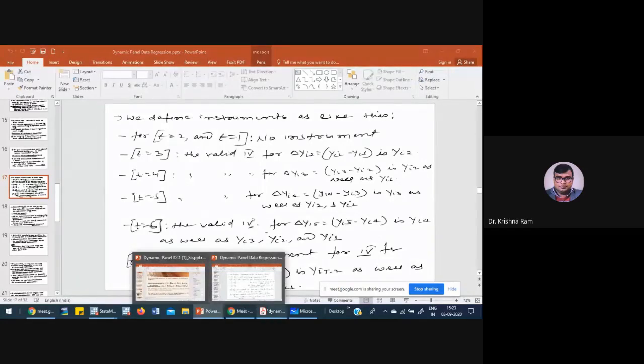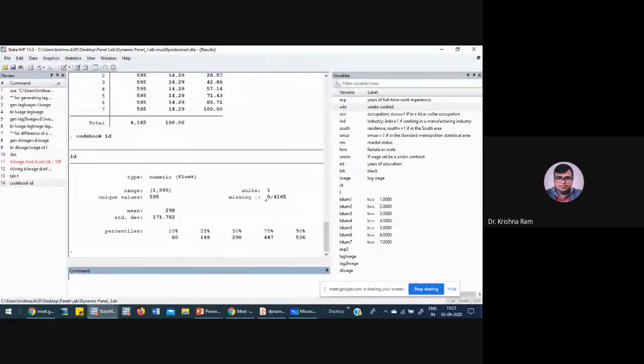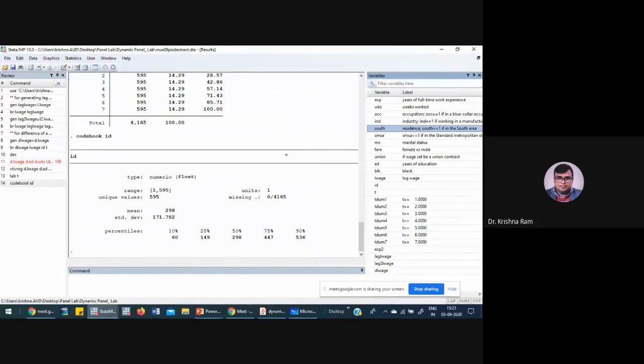So what I am going to do is directly estimate the regression equation using the Arellano-Bond estimator, and afterwards we see how the instrument variables have been constructed by Stata, and taking the number of instrument variables used by Stata, we try to figure out the way of constructing instrument variables.